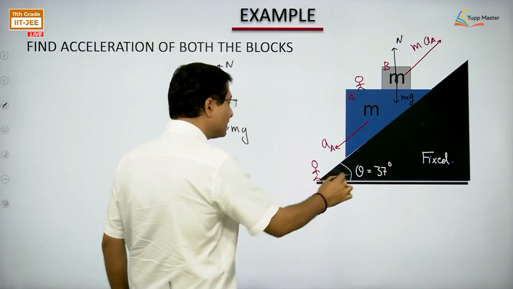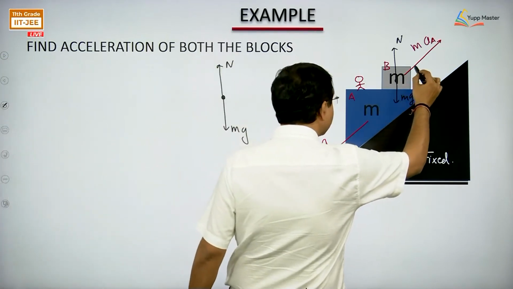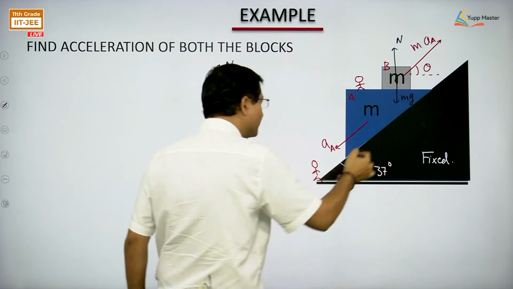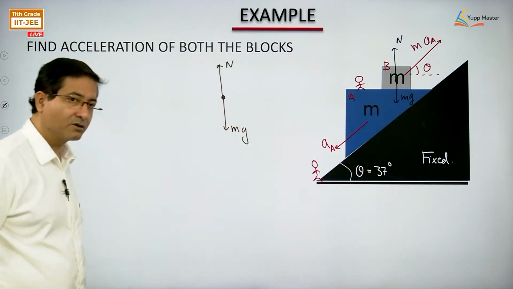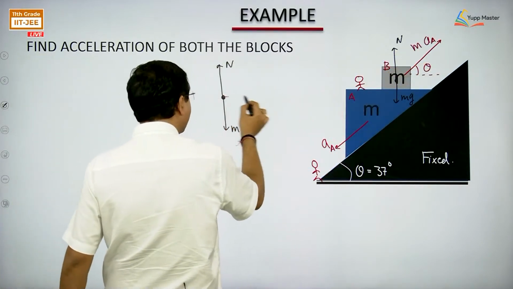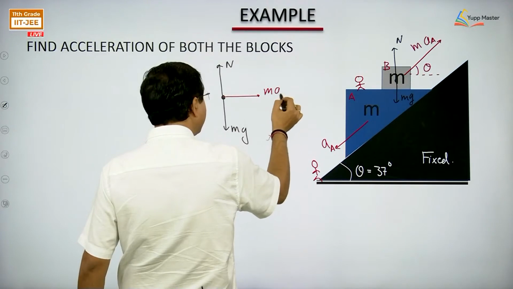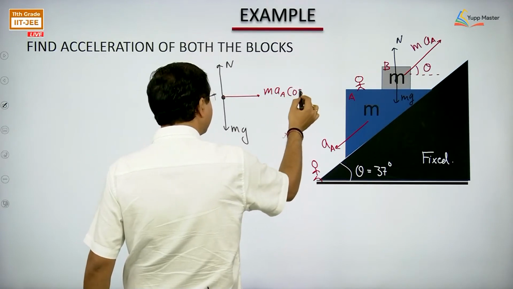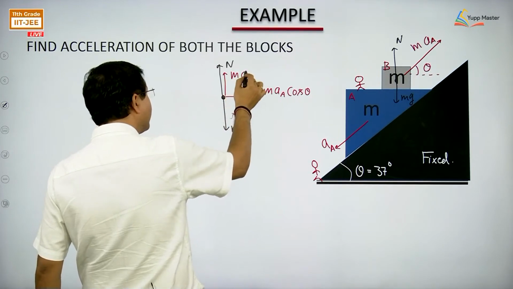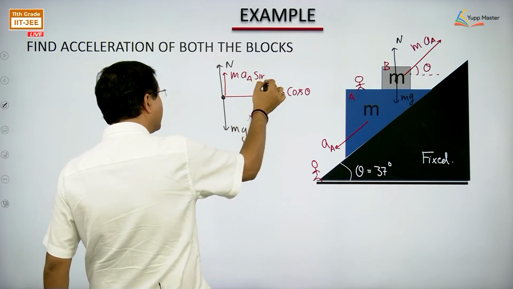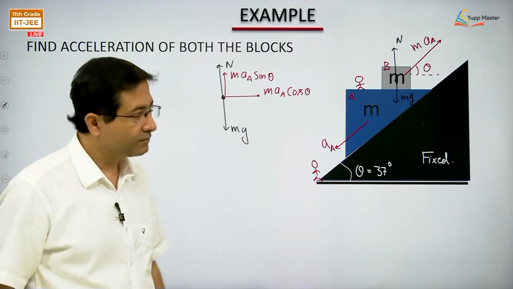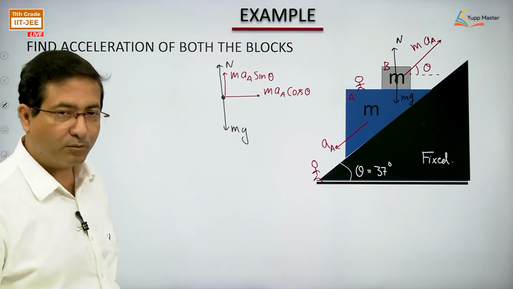If this angle is theta, this angle has to be theta along the plane. So I can see two components of this pseudo force. One in this direction, MAA cos theta, and another in this direction, MAA sin theta. So I resolve that force, I got two components.